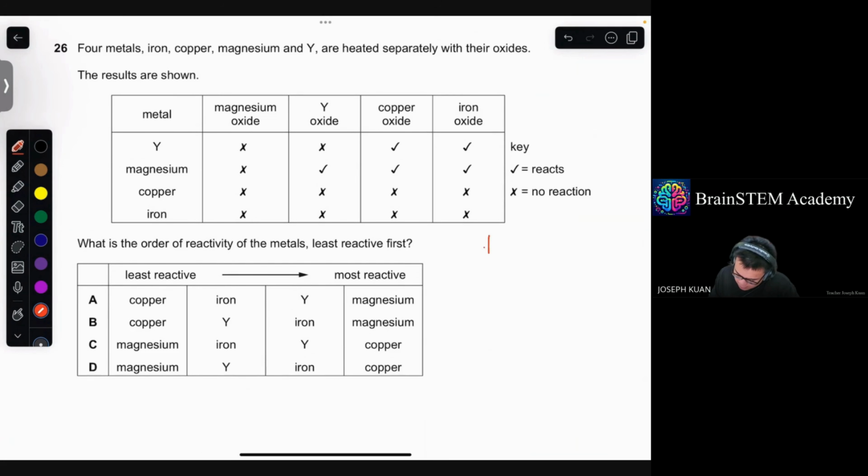This is a displacement reaction, as you are dealing with taking a metal, reacting with another metal. Allow me to use a different symbol, maybe I use small m.